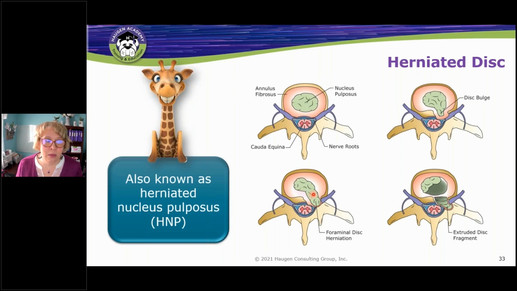And there will be situations, usually when they do a decompression during a surgery, it's the nerve root that they're decompressing, but in some operative reports you will see them talking about relieving pressure on the spinal cord, or even the spinal cord and the nerve root.